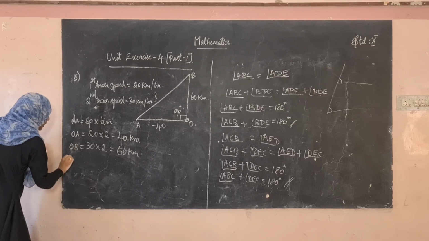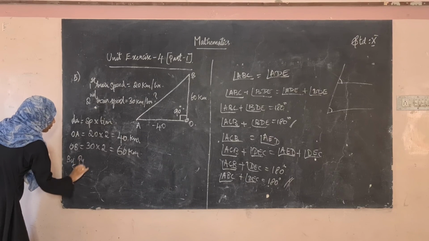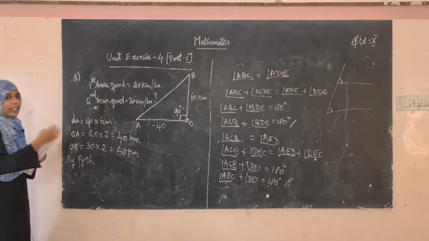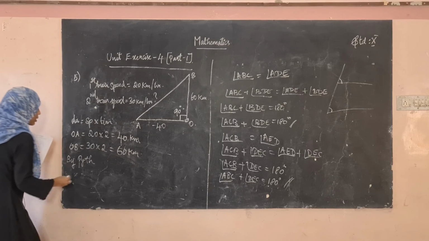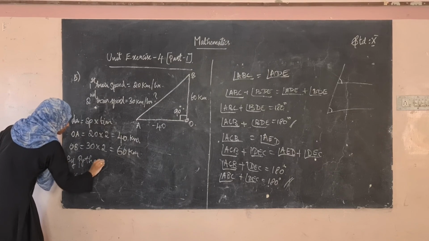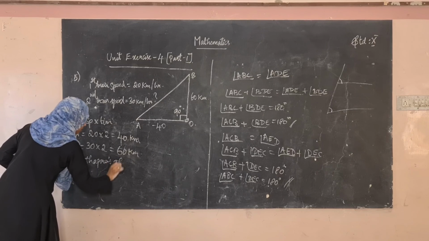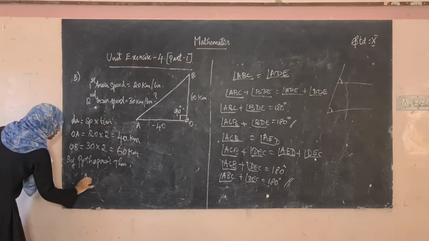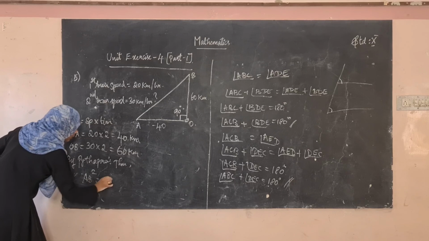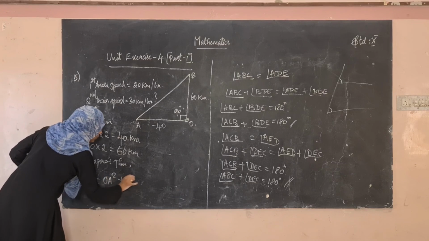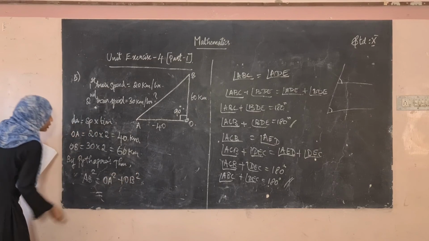So by Pythagoras theorem, from Pythagoras theorem, AB square is equal to OA square plus OB square. What is OA?